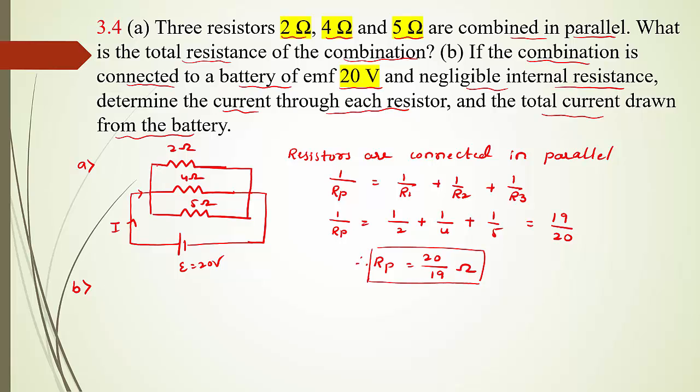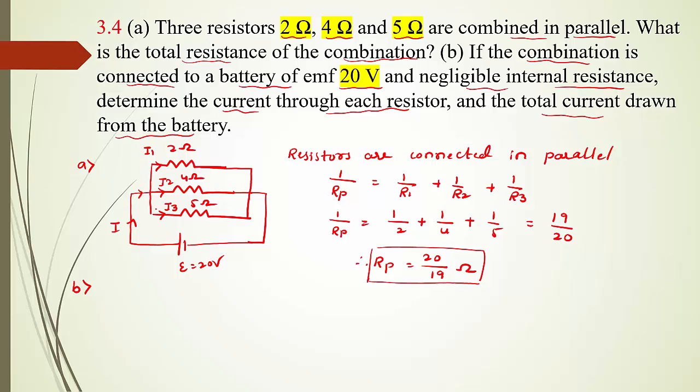Suppose I1 amount of current is flowing through resistor R1, I2 through resistor R2, I3 through resistor R3. So this total current I is divided as I1, I2, I3. The sum of all these currents gives total current I.